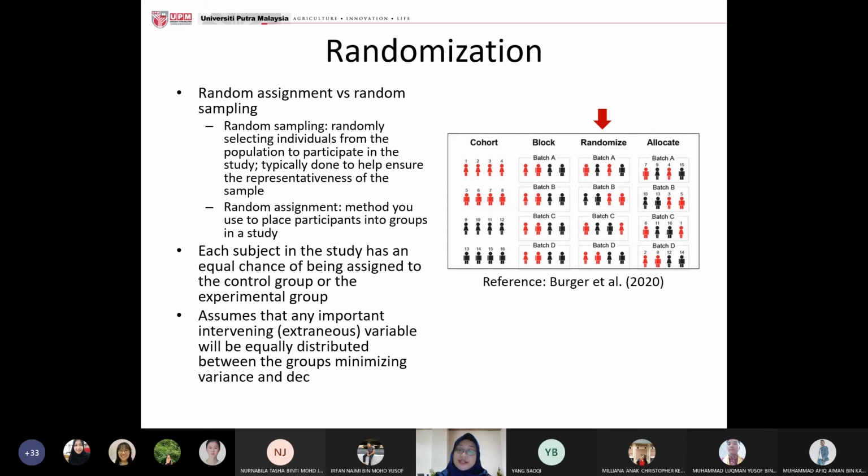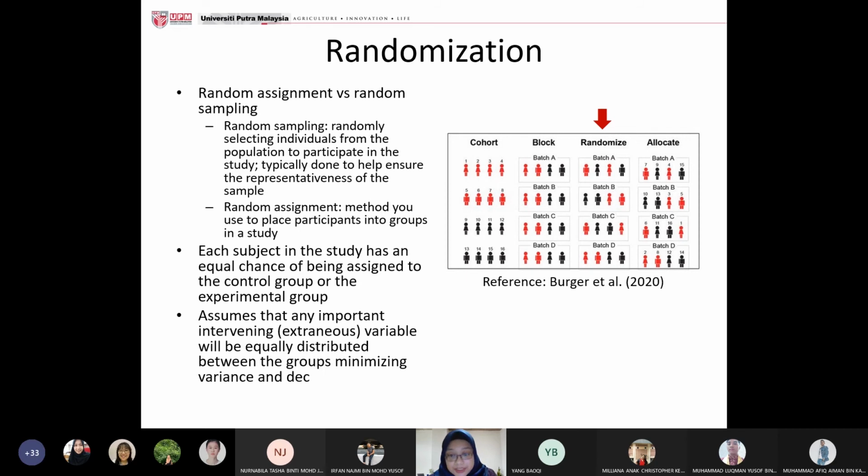If we link that to the Shah Alam example just now, anyone in Shah Alam can be your participant. That is random sampling. The samples are random, so you don't have bias. You don't just choose, okay, I'm living in Shah Alam and I only want to choose my neighbors. That's not random sampling.